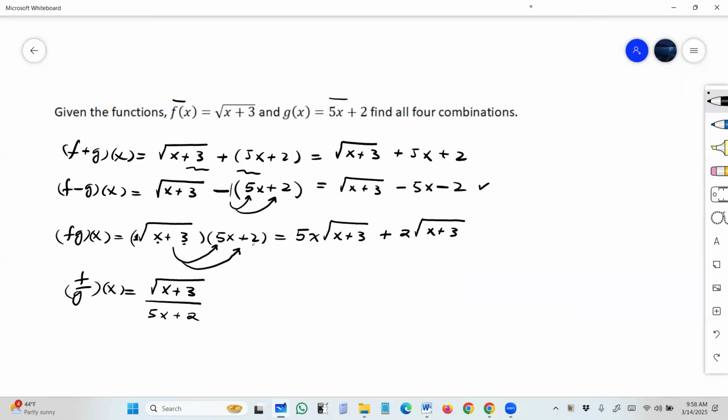Now, if they wanted to know the domain of this function, right? So we have two issues here. Normally, we don't need to worry about the domain. I'm not going to ask domain questions on these functions on any exam, but for the domain of this function, we have two situations. The numerator has to be greater than or equal to 0.